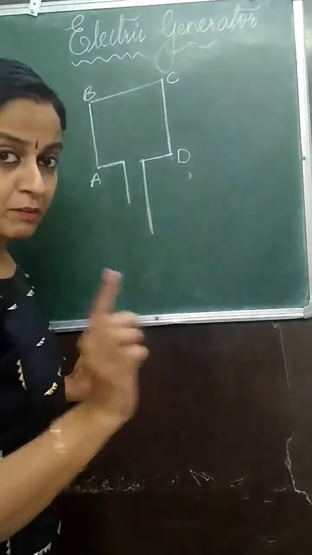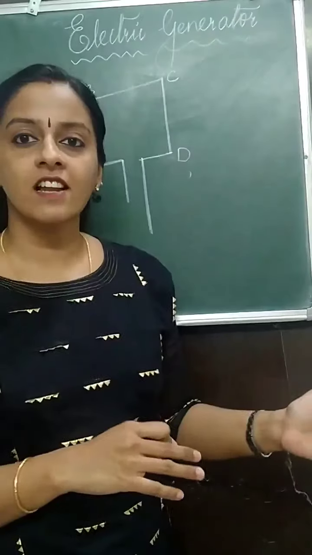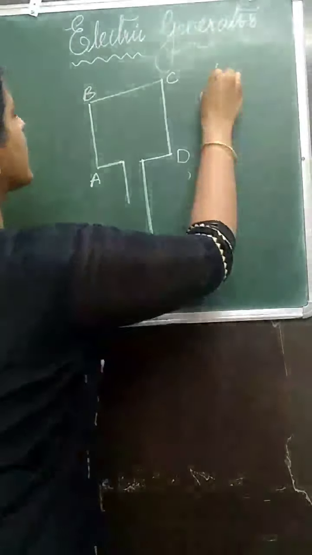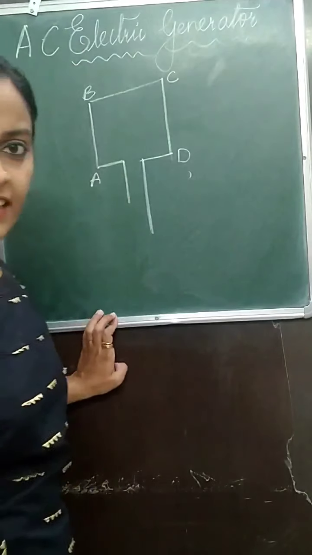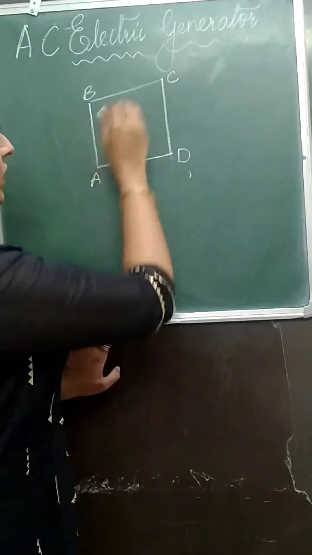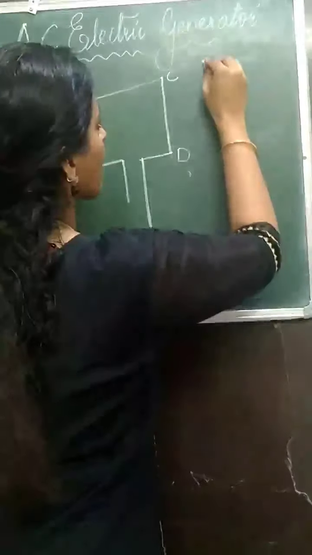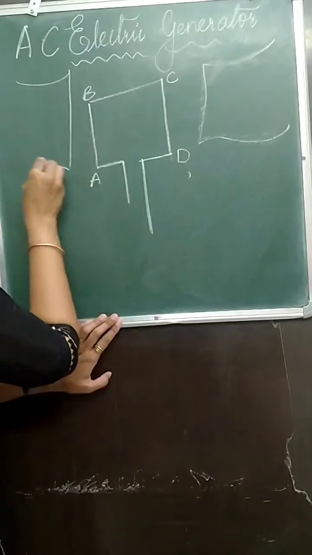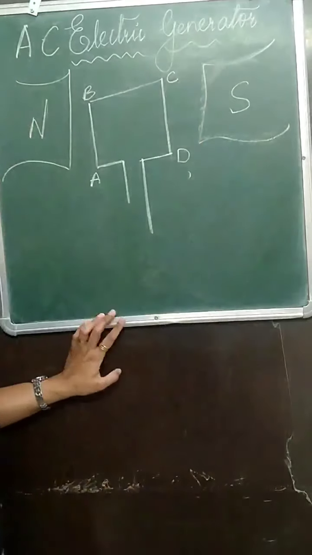Now one most important change which differentiates AC generator and DC generator. First, here we will talk about the AC generator. On to the armature coil, the most important part is that it is kept between two pole pieces of a magnet, north pole and south pole.